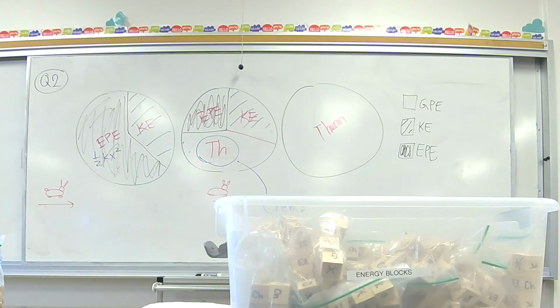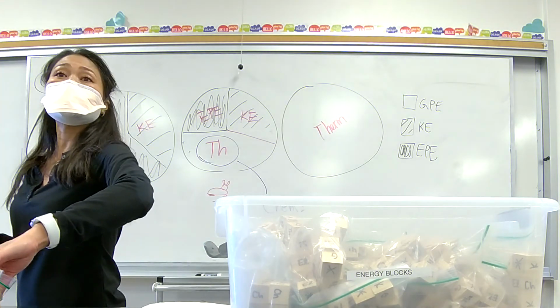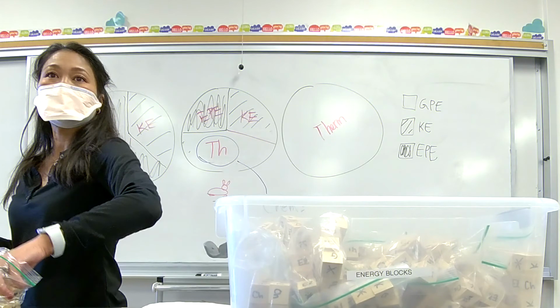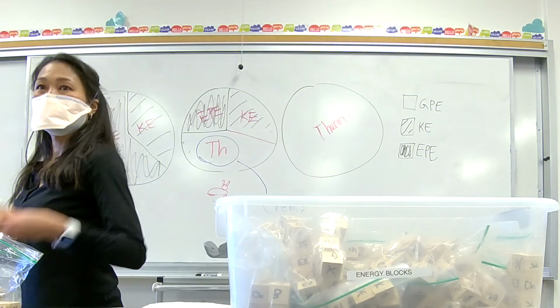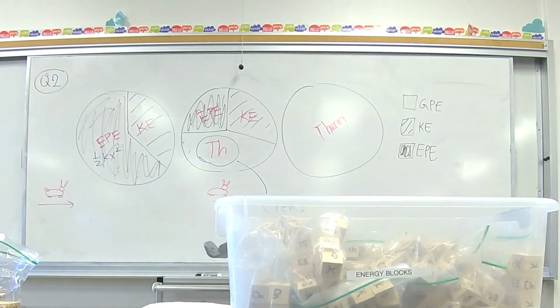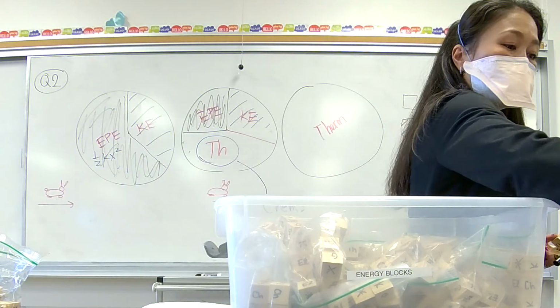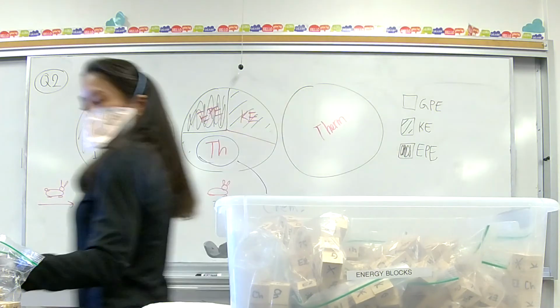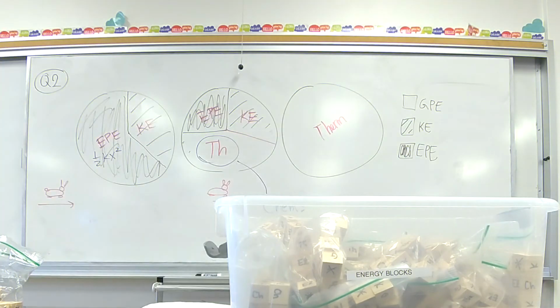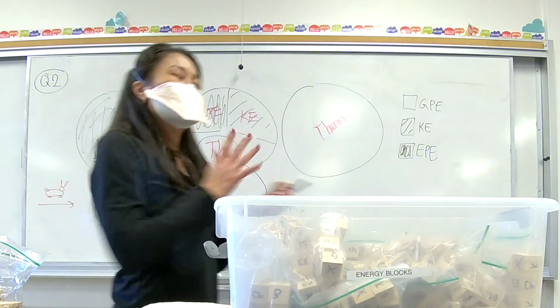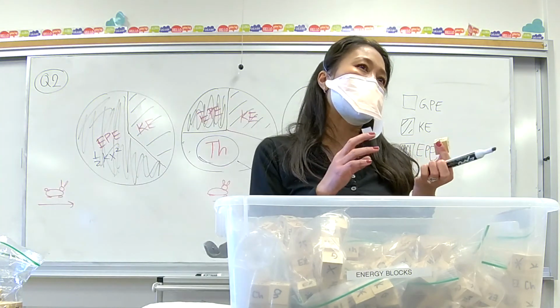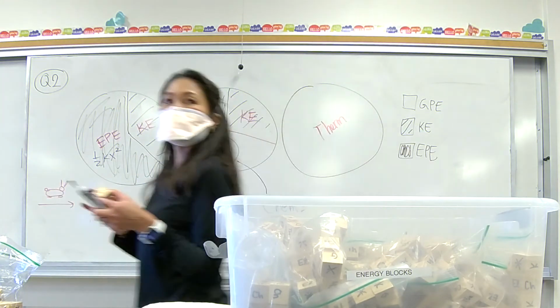and then when it reaches the top of the ramp, what energy type would I have then? Any thoughts? Anya? And thermal? Well, if the wheels aren't sliding, we can assume that there's no thermal energy.